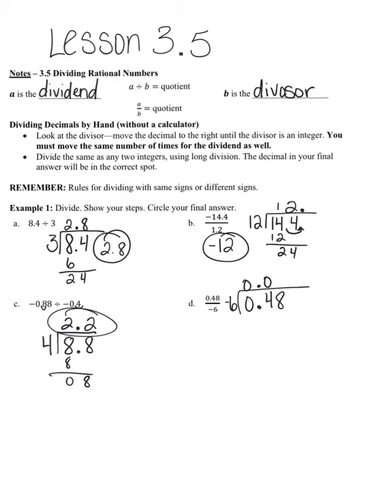But 6 does, however, go into 48. It goes in 8 times evenly. So my final answer here is 0.08. And now I'm going to look at my original problem, and I can see here that I've got a positive divided by a negative, therefore resulting in a negative. So my final answer here is negative 0.08.